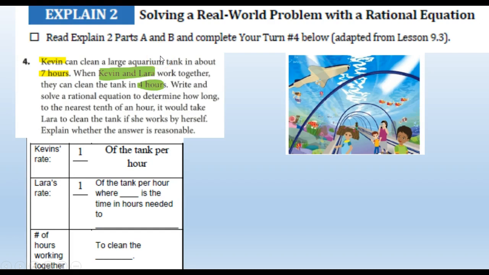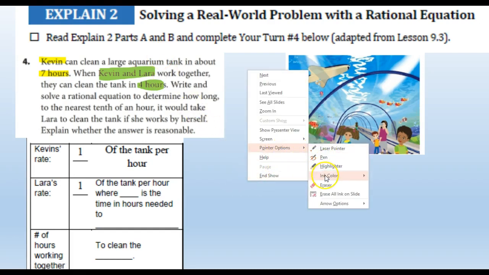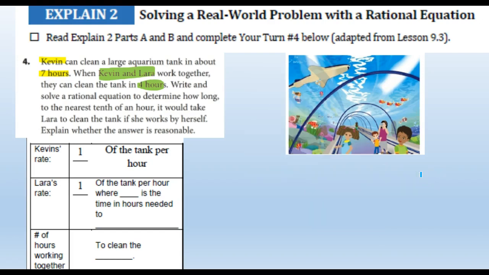And it says write and solve an equation, a rational equation, to determine how long, to the nearest tenth, it would take just Laura to clean the tank by herself.